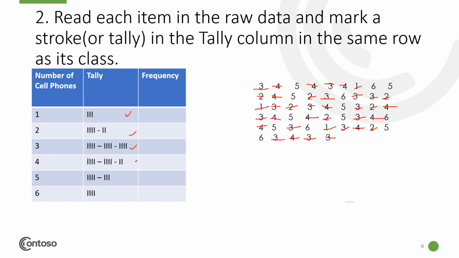Tingnan natin, no. So, 1, 2, 3, 4, 5, 6, 7, nasaan yung isa? 8. Okay, 8. Check. At meron daw 5 family na may 6 na cellphone. Okay, tingnan natin, no? So, 1, 2, 3, 4, 5. Okay, check, no? Tama. Yan. Dami na cellphone, di ba?